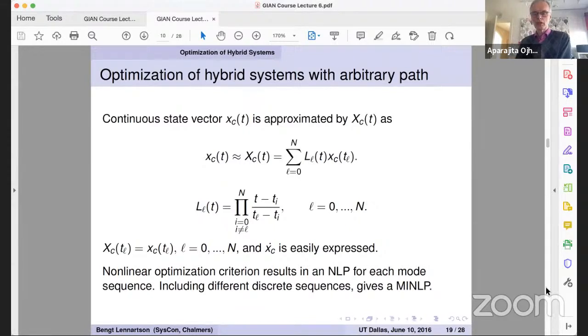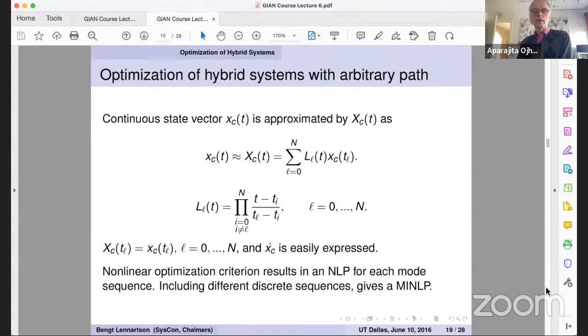In optimization, including continuous variables, there are standard tricks available since 10 or 20 years. And that is that a continuous variable, or even a continuous state vector, is approximated by Lagrange polynomials.